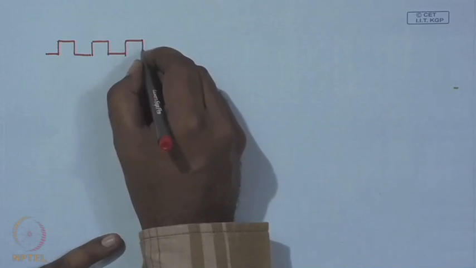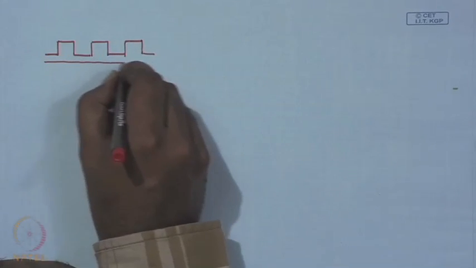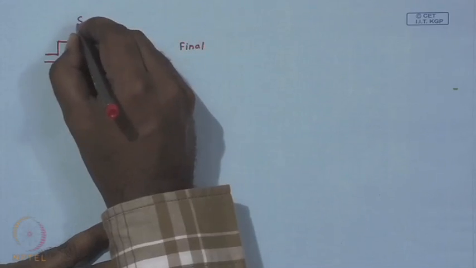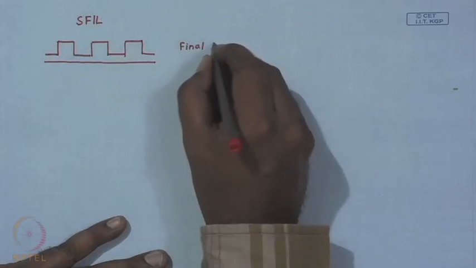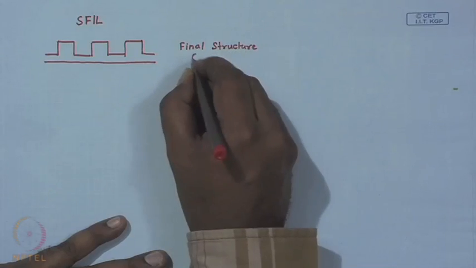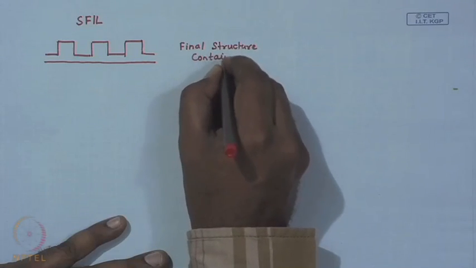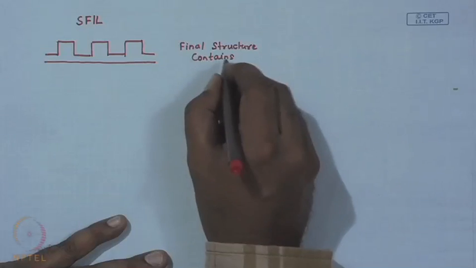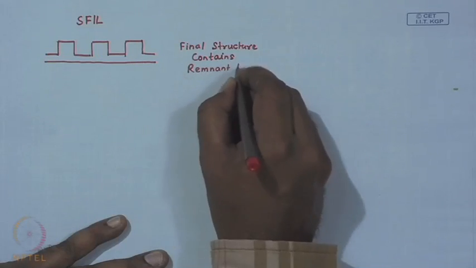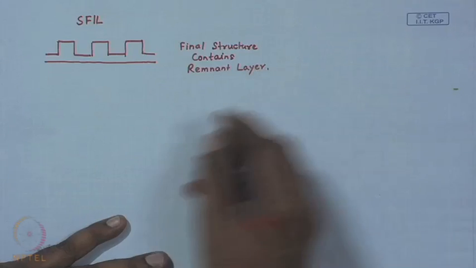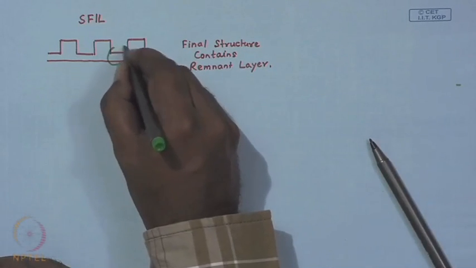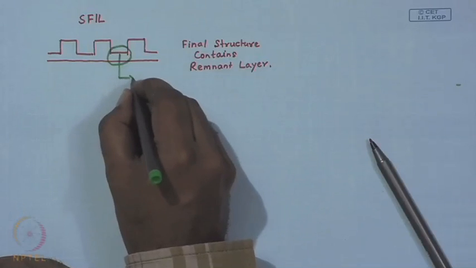So, the final structure contains a remnant layer, and therefore, these have to be removed by some etching technique.